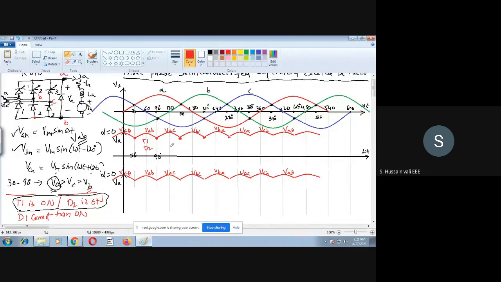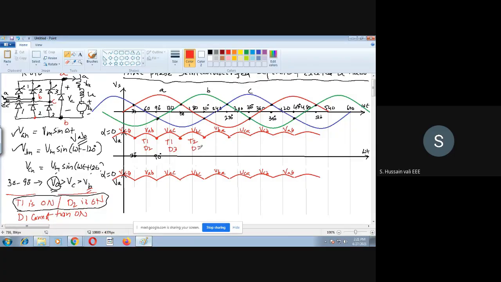VAC means T1, D3. VBC means T2, and you only have to see that when B is there, which thyristor is connected? T2. For C, which diode is connected?